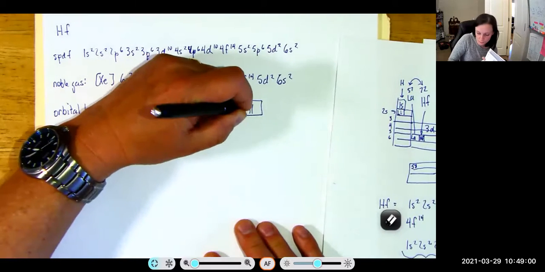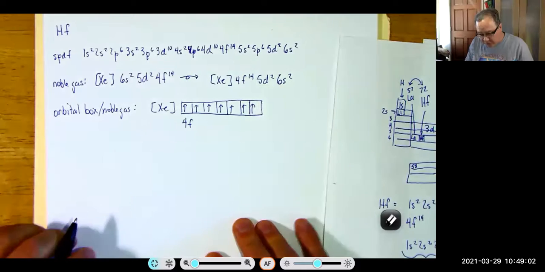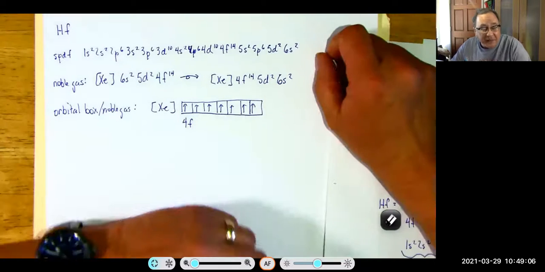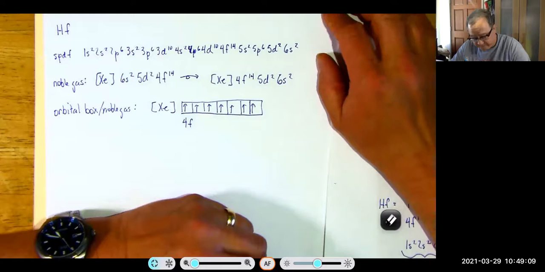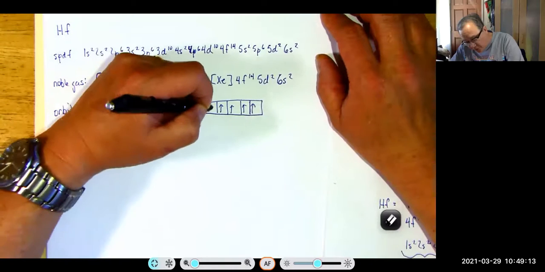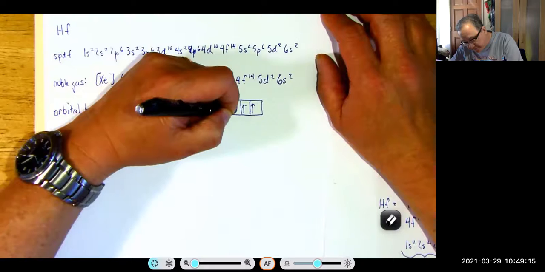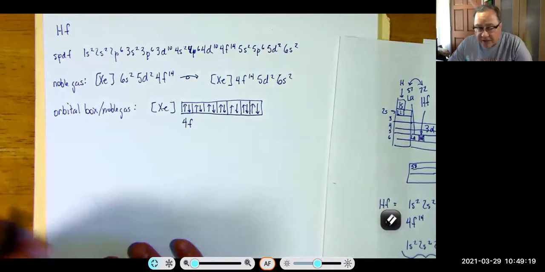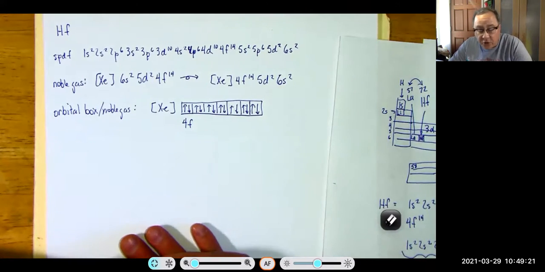We are going to follow Hund's rule. So I put the first 7 in with arrows going up. That's spin up, or +1/2. Then I put the second ones into each orbital, spin down. And that's the Pauli exclusion principle that says no two electrons can have the same set of quantum numbers.